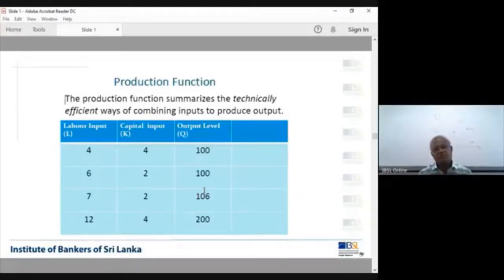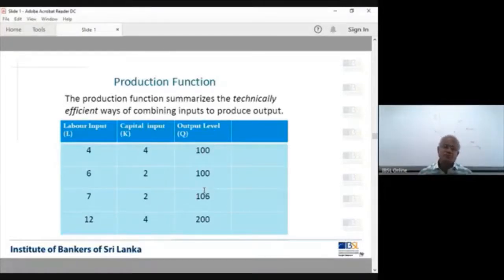The production function summarizes technically efficient ways. When you say technically efficient, it is the maximum output level using a certain level of inputs. For example, with 4 workers and 4 computers, the firm can produce a maximum output of 100.